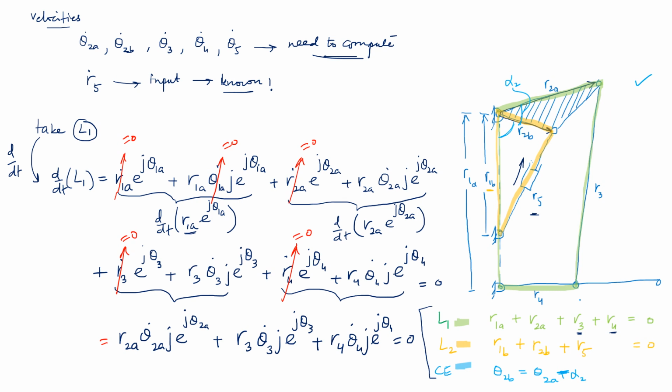So now you have got an expression which is in a polar form, and now I can use the Euler notation to subdivide this into a real and an imaginary part, and that I'm going to do in the next slide.